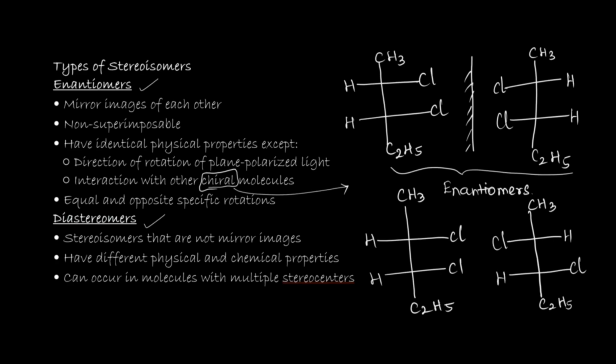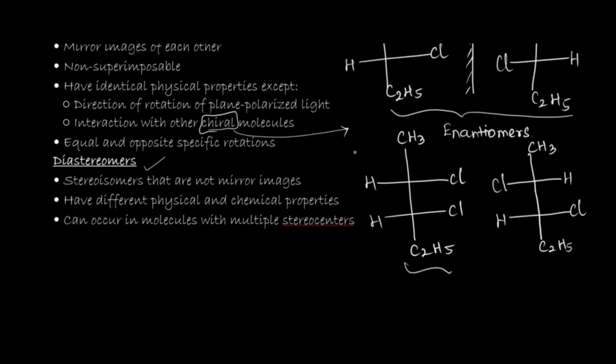So these are not mirror images, and these are not superimposable either. They are diastereomeric pairs. Okay, if the examiner gives you a molecule, check with these conditions and put the right answer, whether that is an enantiomer or diastereomer.